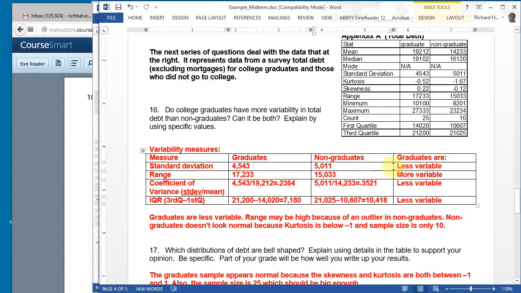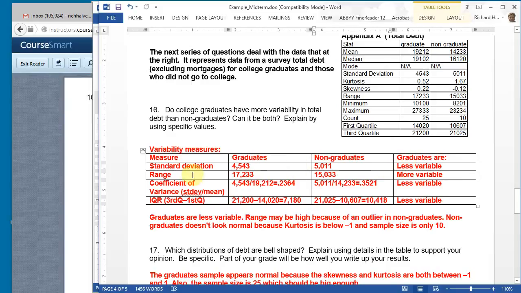So it looks like graduates are less variable, although this value is not really valid because we see that the kurtosis is less than -1. So this data is not normal, so standard deviation is really not valid here. But when we use that measure, the graduates are less variable.